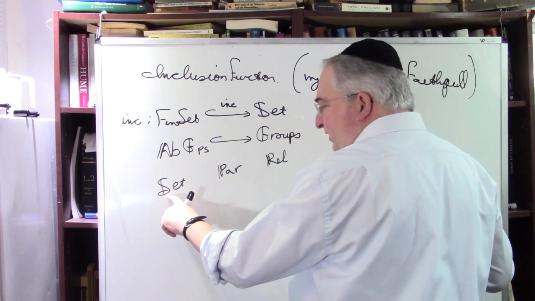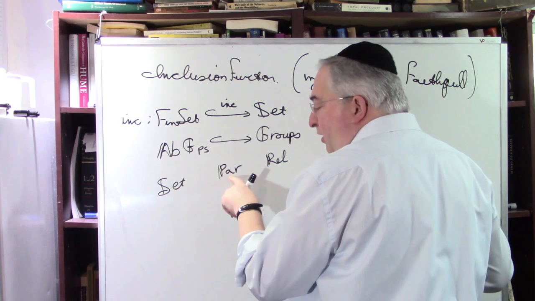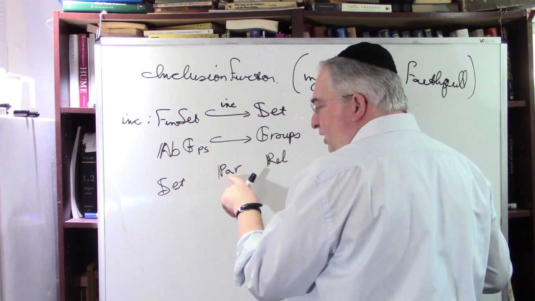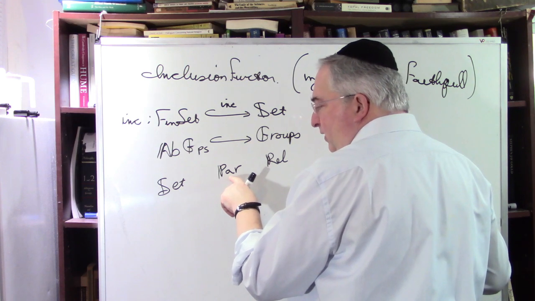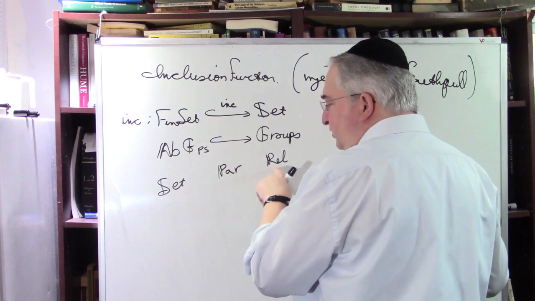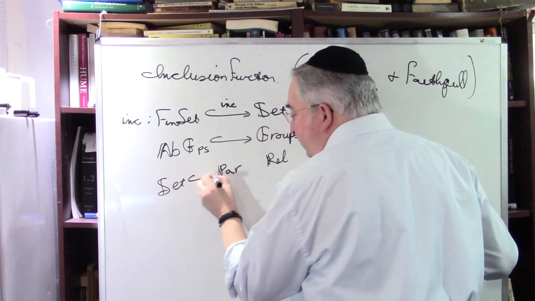This is Set, where the objects are sets and the morphisms are functions. This is partial functions, where the objects are sets and the morphisms are partial functions. And this is relations, where the objects are sets and the morphisms are relations between these sets.